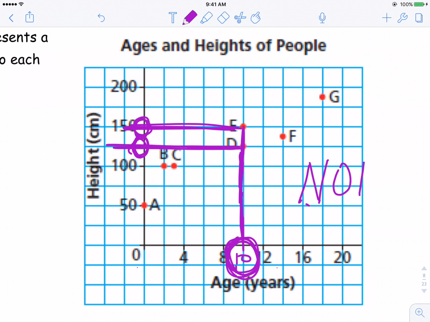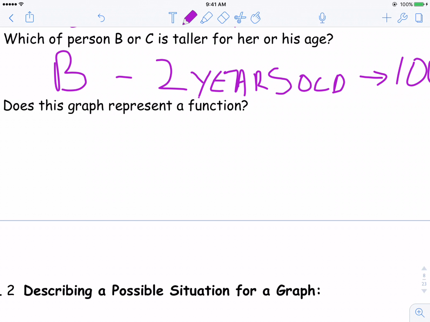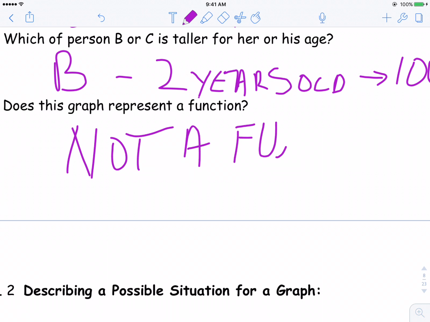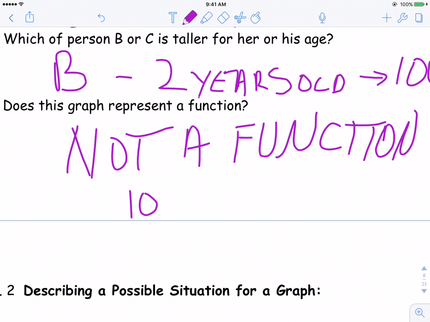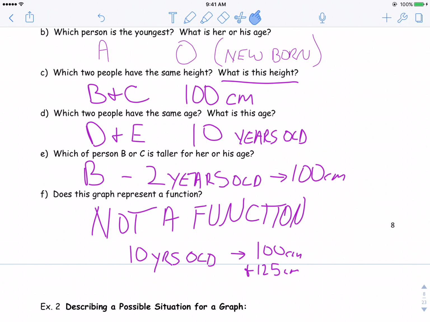This is not a function. And that's because at 10 years old, there's both 100 and 125 centimeter heights. Okay, so this is not considered a function.